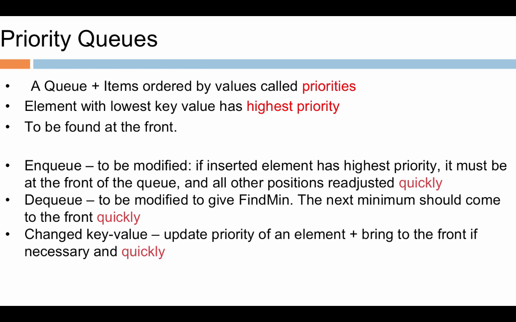Another very important queue is what is called a priority queue. And priority queues, as the name suggests, are not just queues in which the elements are organized in a first in first out fashion. Every element has a certain priority.